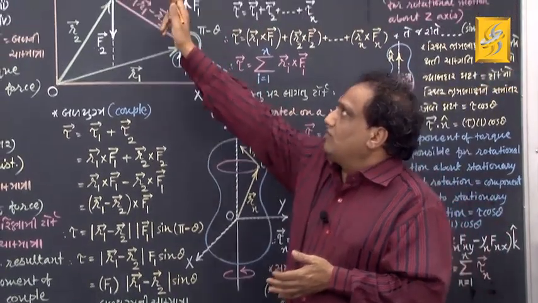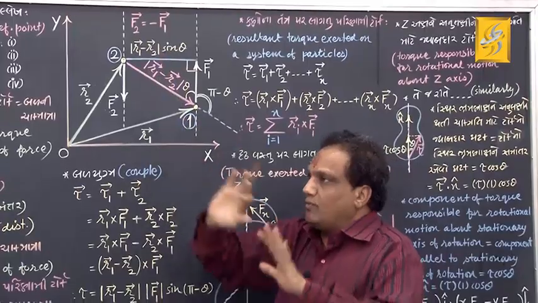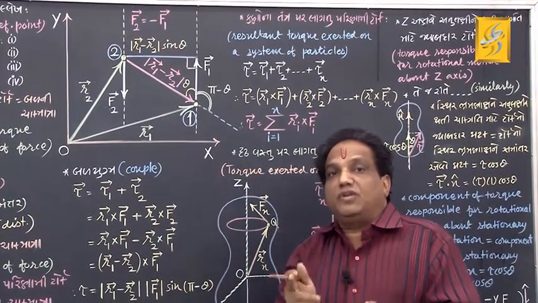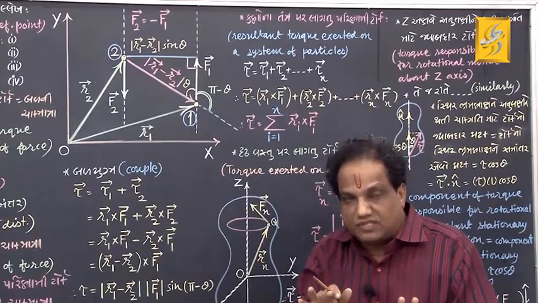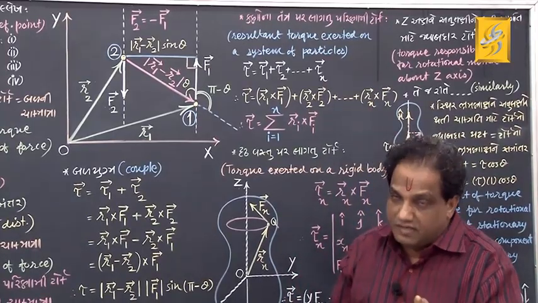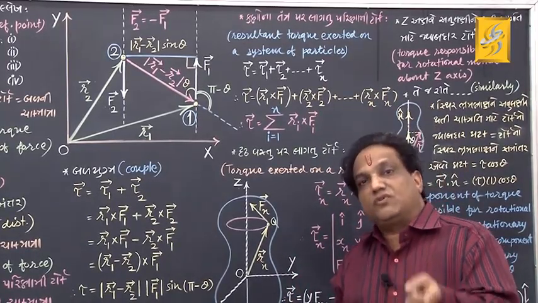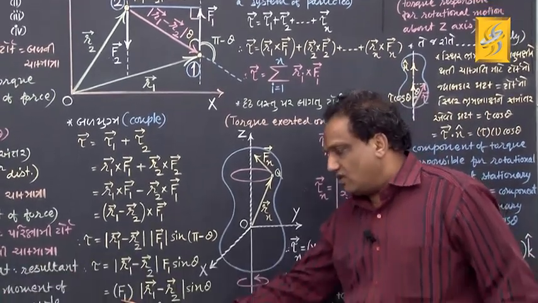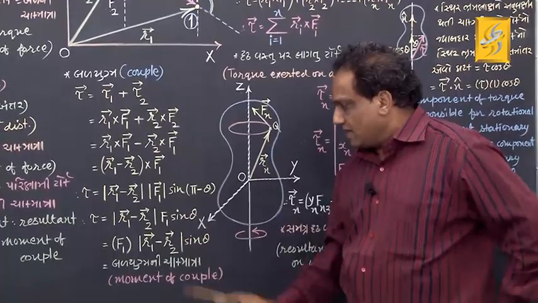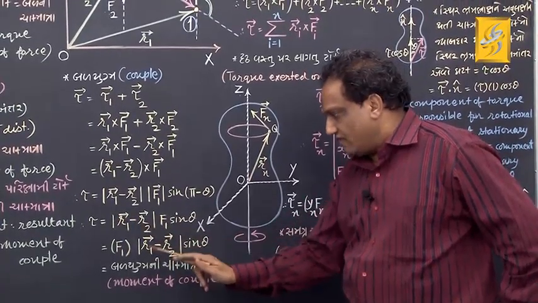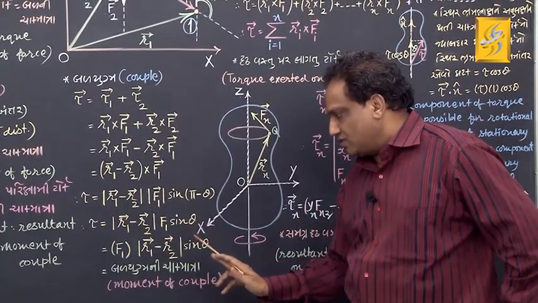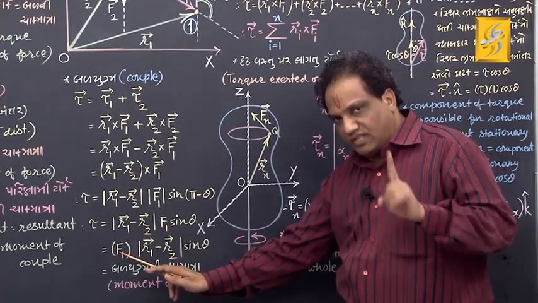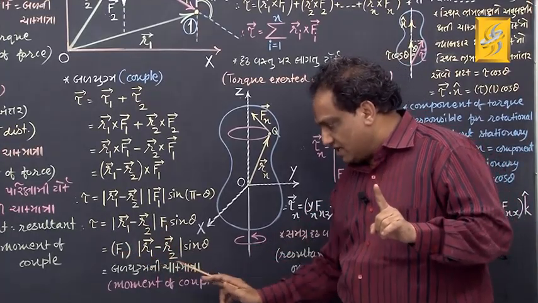You may take magnitude of either, no problem, because both the magnitudes are equal. So you can say magnitude of either of two forces which are non-collinear and which constitute couple, multiplied by modulus of vector r1 minus vector r2 into sine theta.